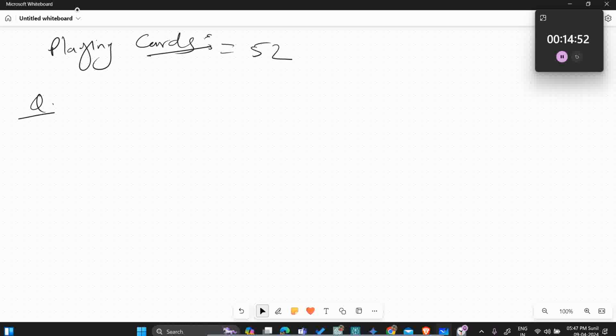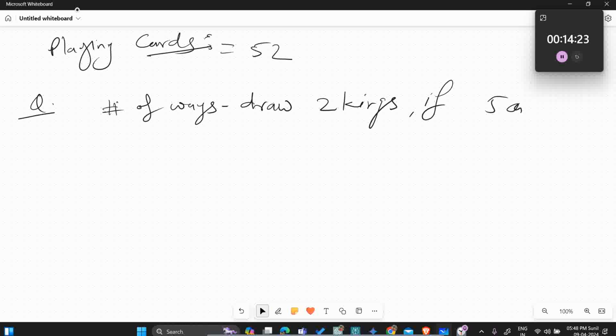Number of ways from 52 cards to draw two kings if five cards are drawn.